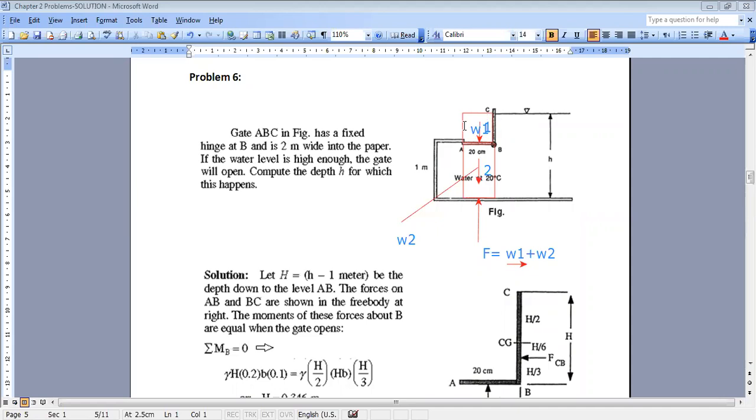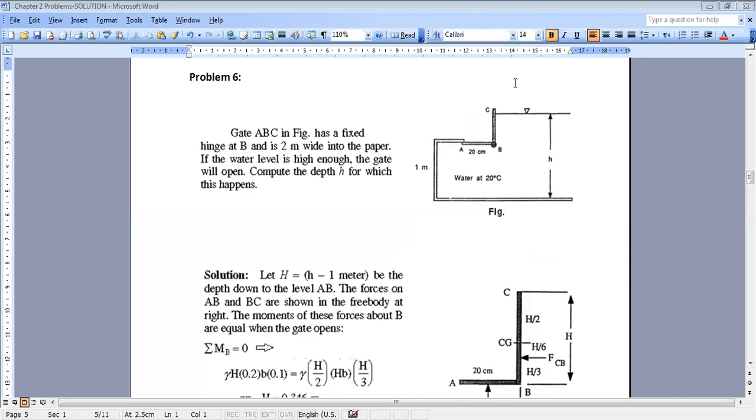Who can give me a much easier way to demonstrate that it will be equal to W1 without the control volume, so I can directly determine this? Any idea how to find the force in another way? Okay, look what we can do.